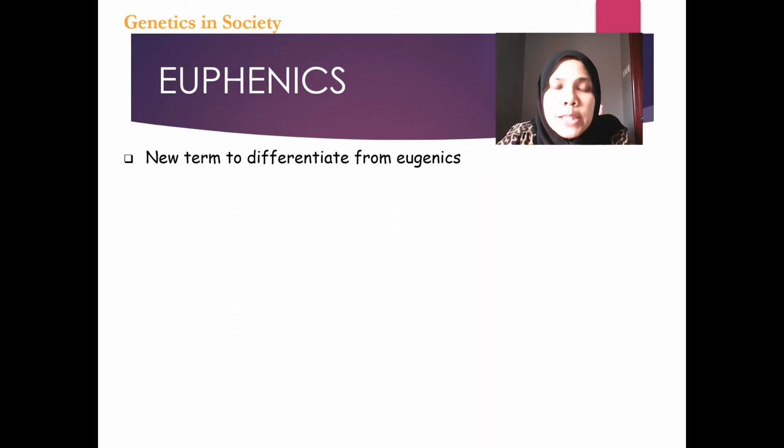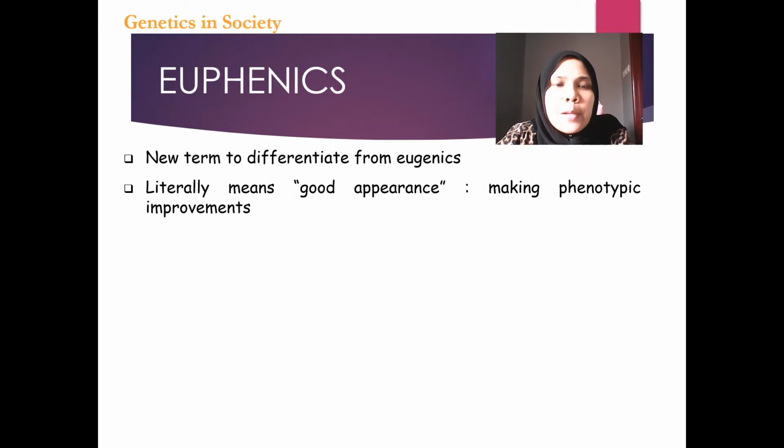So what is Euphenics? It's actually a new term to differentiate from eugenics, because eugenics is associated with more negative than positive things. So Euphenics is a new term they use. It literally means good appearance or making phenotypic improvements.